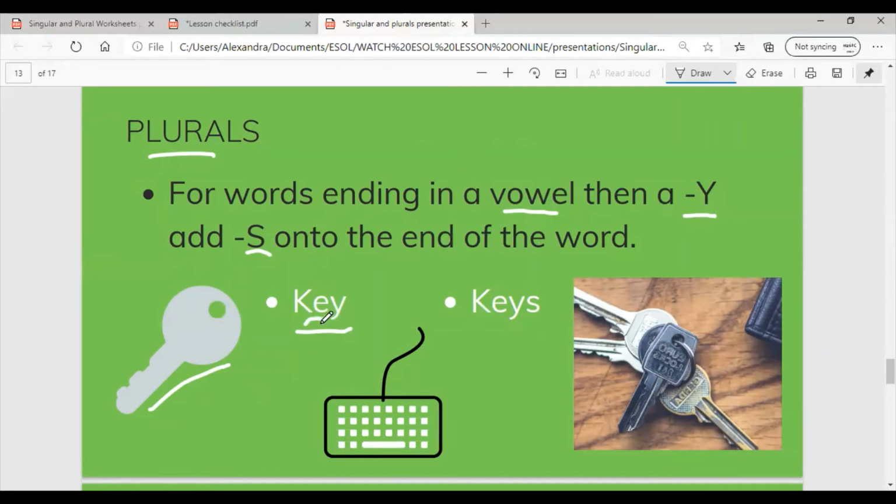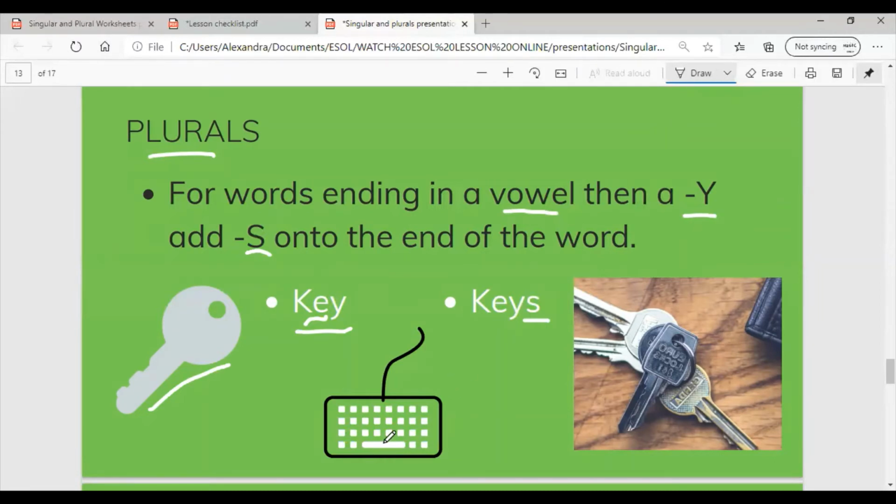Because we have this vowel here, this E is a vowel, we know we're going to just add S onto the end. So we have 1 key, we have many keys, and this vowel there and the Y tells us we're just going to add S onto the end. Keys can also refer to your keyboard on your laptop or computer. So the letters that you press, they're called keys as well.